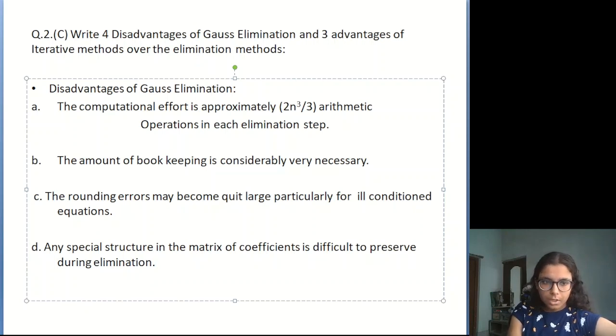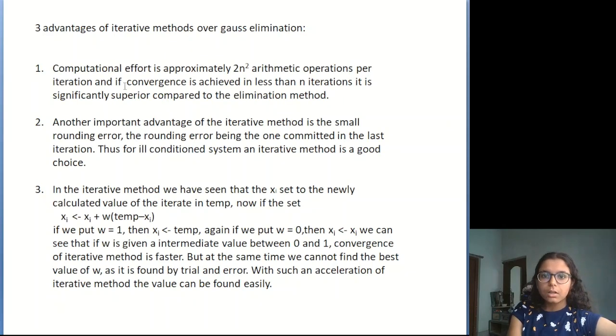On to the next part, which is the advantages of iterative methods. Computational effort, I have already discussed. The computational effort is much lower compared to the Gauss elimination method.